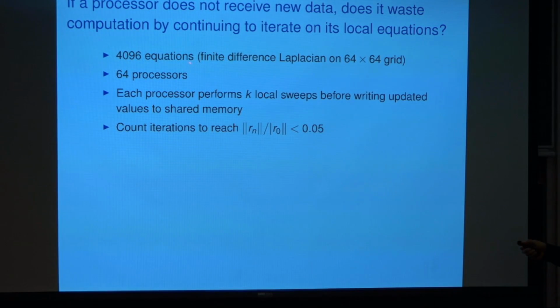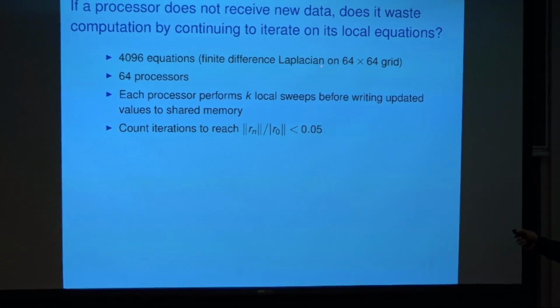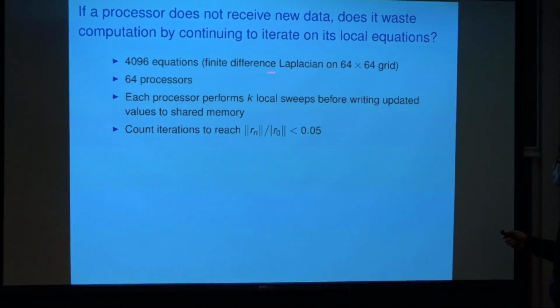Here I have a 64 by 64 two-dimensional Laplacian matrix, and I'm going to assume 64 processors. Each processor will explicitly perform k updates of its own equations before writing the updates to shared memory and making these values available to the other processors.